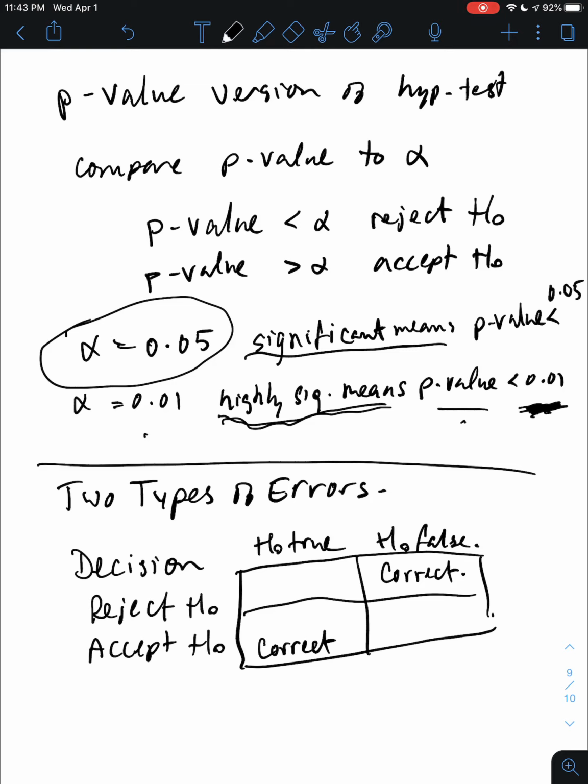In this corner here, we're rejecting a true null hypothesis. This is the error that we've been talking about. This is called a type 1 error. And so the probability of a type 1 error is under control, and it is this number alpha.